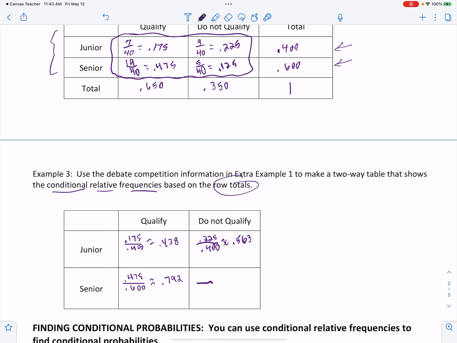And then, oops, we have our 0.125 over 0.600, and that's 0.208.